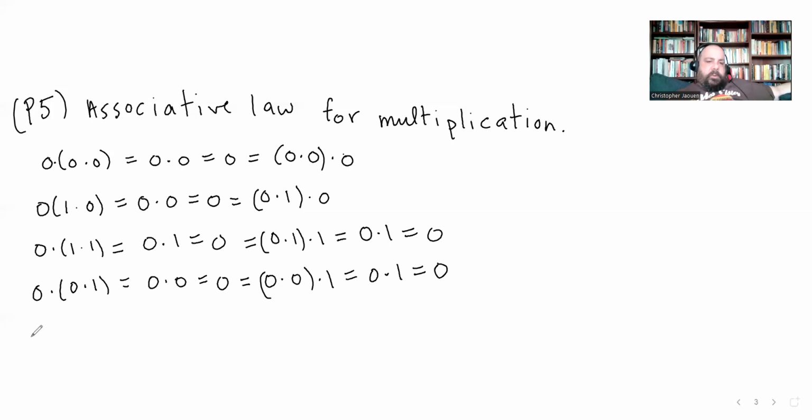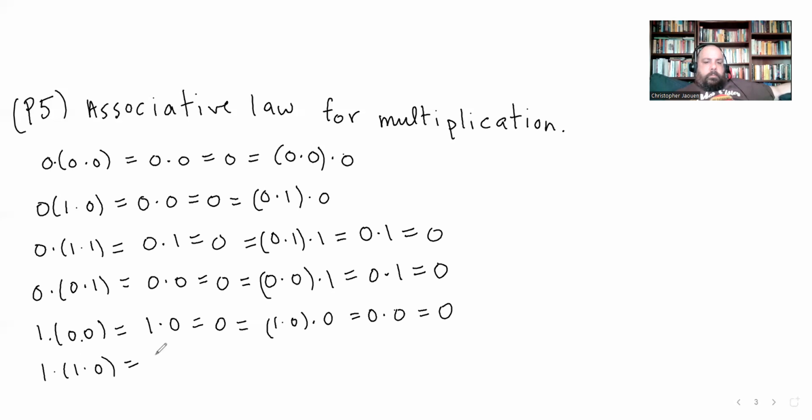And then you do all the ones where the first entry is 1. And 2 more, 1 times 0 times 1.